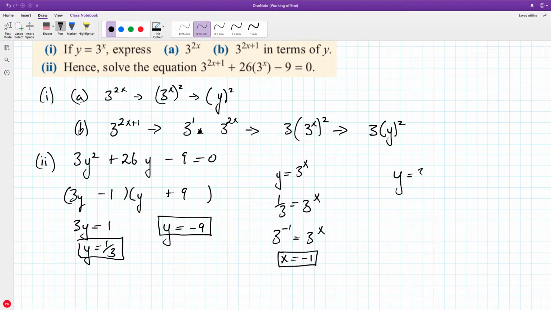Y is equal to 3 to the power of x. Minus 9 is equal to 3 to the power of x. Minus 9 becomes minus 3 squared. No, we've got to take out a common minus 1, because minus 3 squared is just 9, not minus 9. Minus, and in brackets 3 squared, is equal to 3 to the power of x.